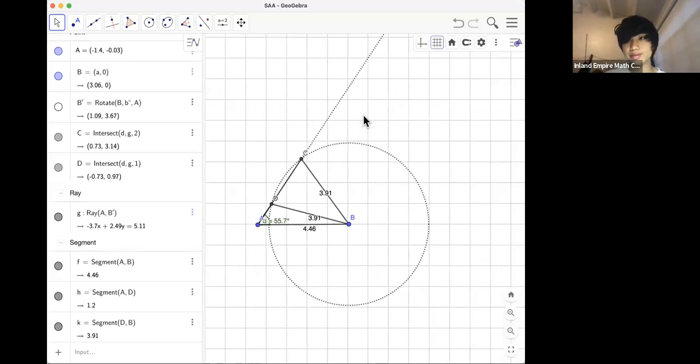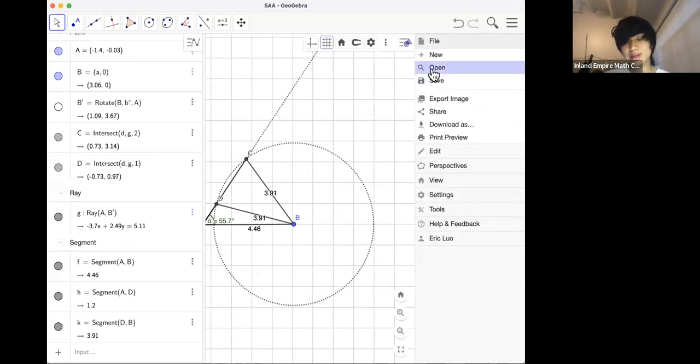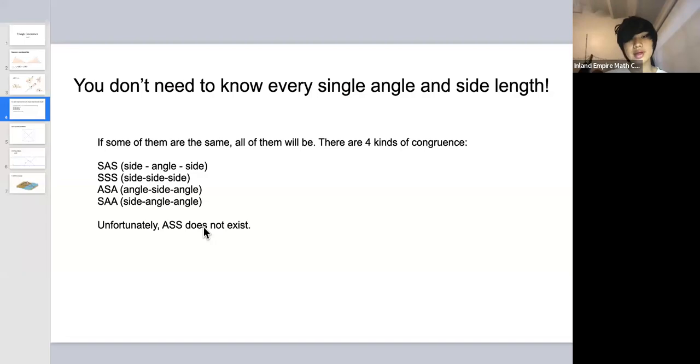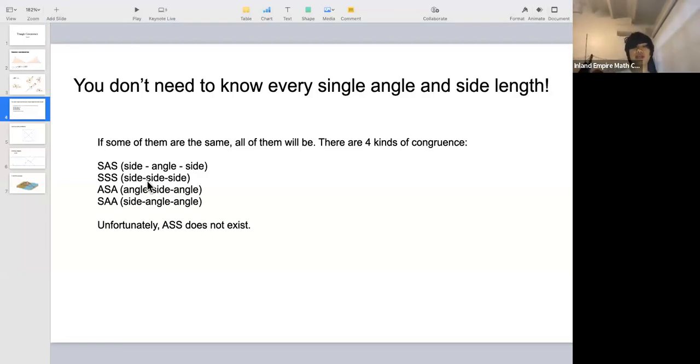So let us go back to the presentation. We can clearly see that we have these 4 different types of congruence: side-angle-side, side-side-side, angle-side-angle, and side-angle-angle.